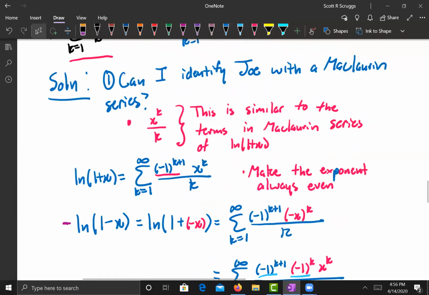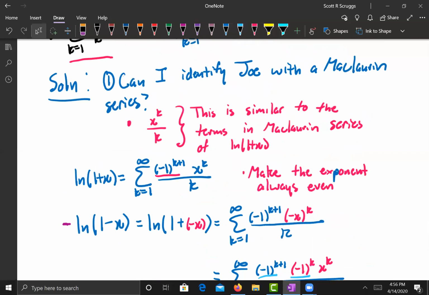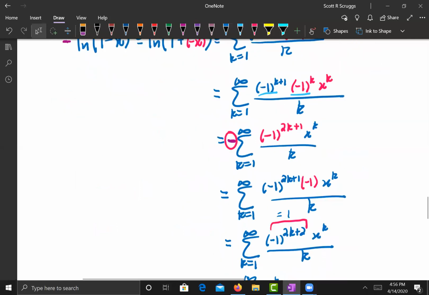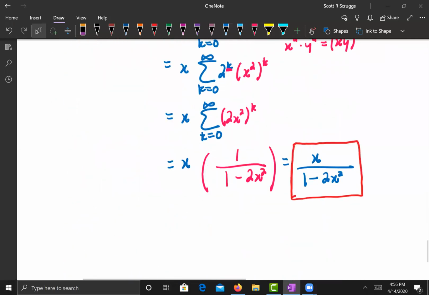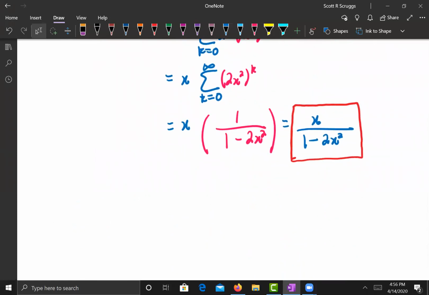Part A is asking us, can I identify that series with a Maclaurin series and try to manipulate it to fit into that form? I see. And then finding the sum would be, what, by the time you get to the bottom, taking the value, or you'll get a function at the end for A. Would that one be cosine?